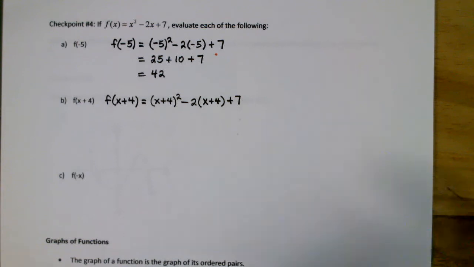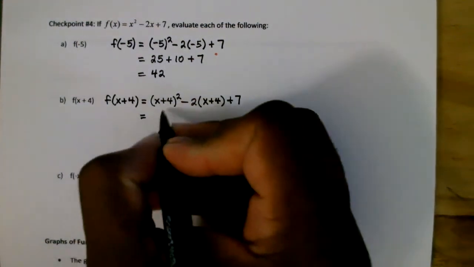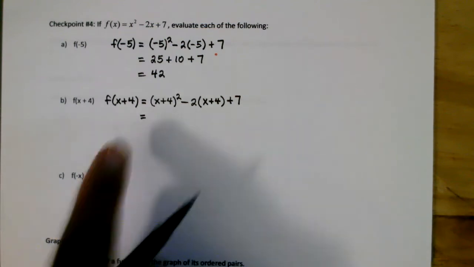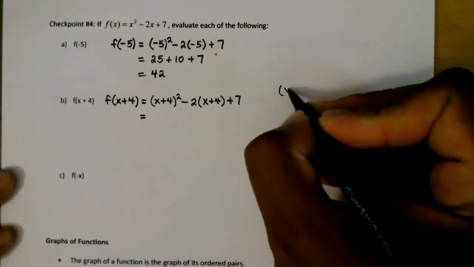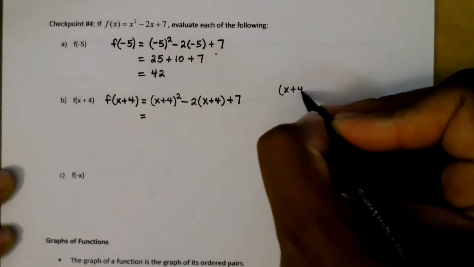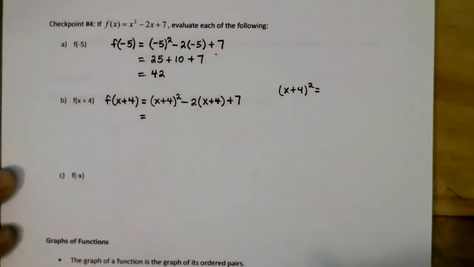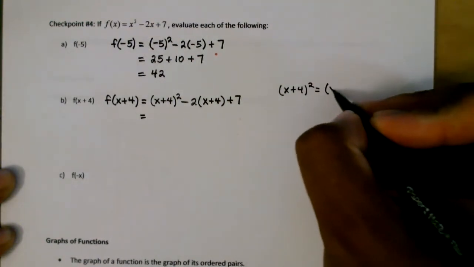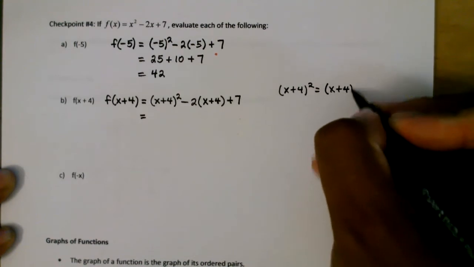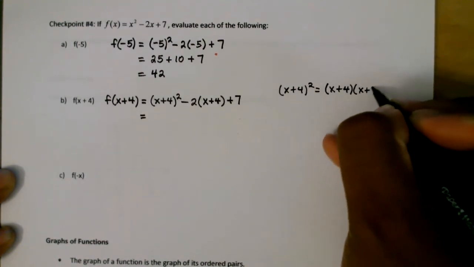Okay. Now let's simplify all of this on the right side. That x plus 4 quantity squared, I'm going to write this off to the side. Because actually x plus 4 is used as a factor twice. So that means I can write this as x plus 4 times x plus 4.